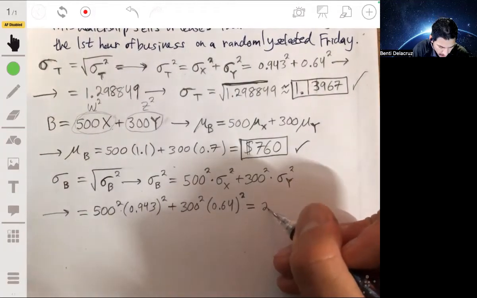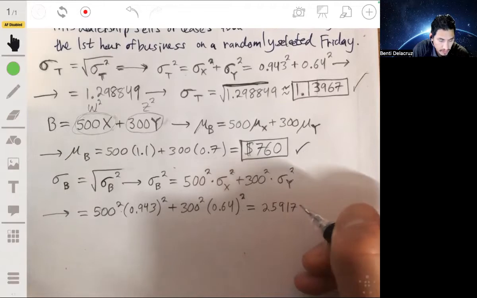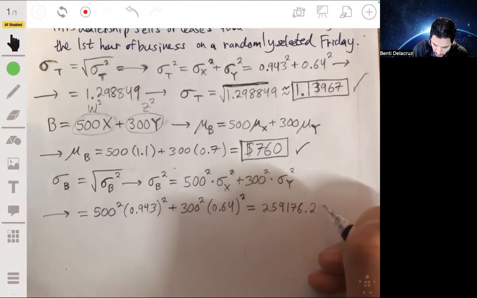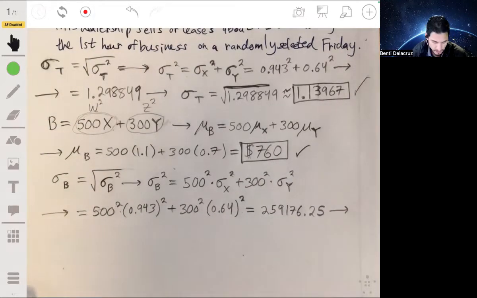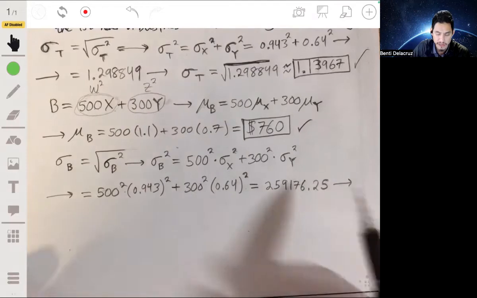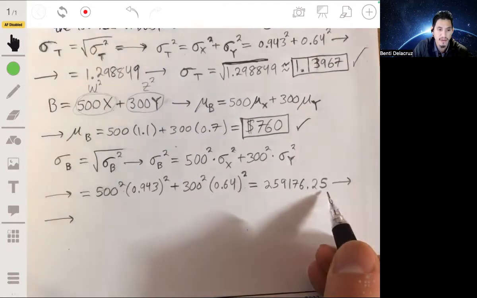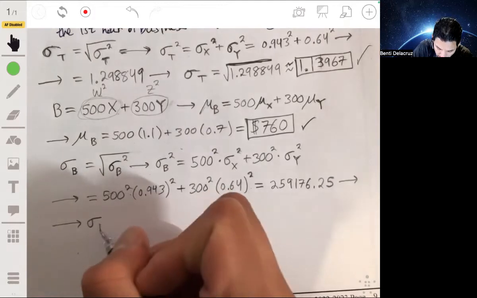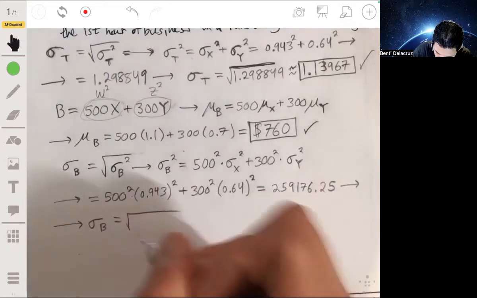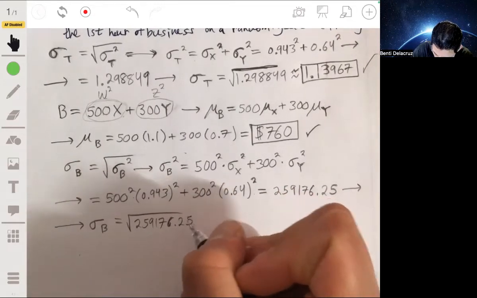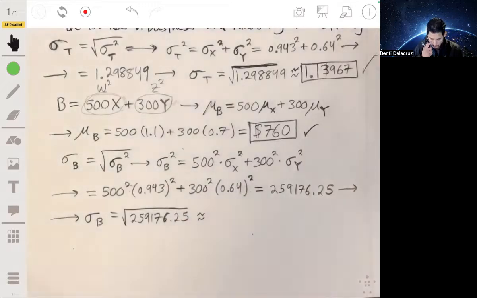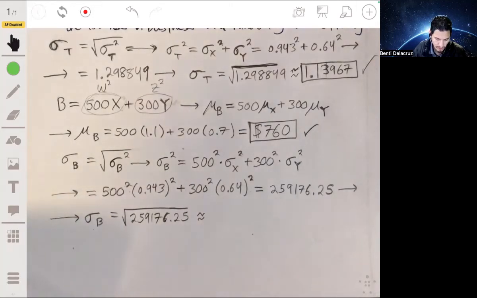This all adds up to 259,176.25, about 259,000. But remember, this is the variance. So to find the standard deviation, we take the square root of the variance. So the standard deviation of B will be the square root of 259,176.25. You get about 509.09.